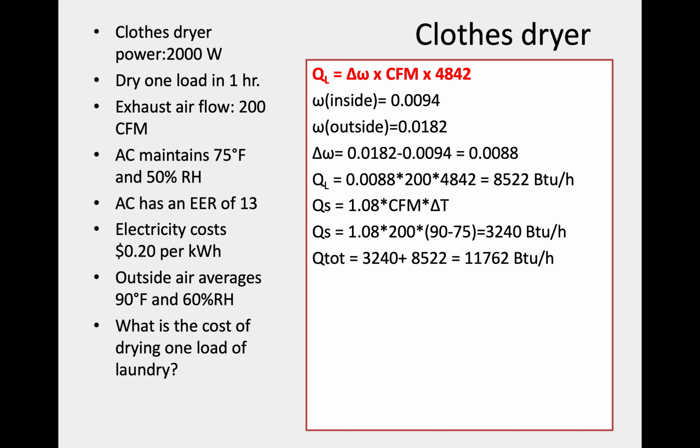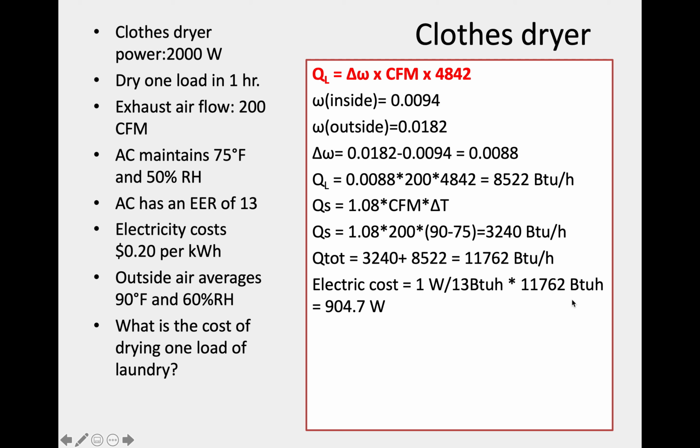So when it's really humid, the latent heat can be much, much larger than the sensible heat. So now let's figure out the electric cost. Well, we know to do this heat removal, it's going to cost us only 1 watt for every 13 BTUs per hour, right? Because of that energy efficiency ratio.